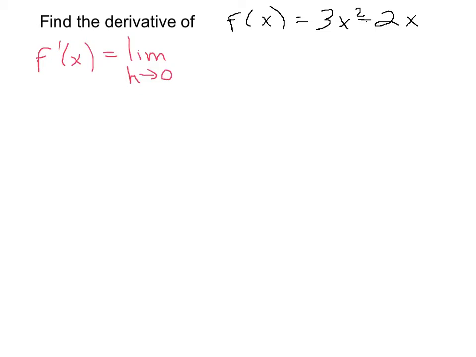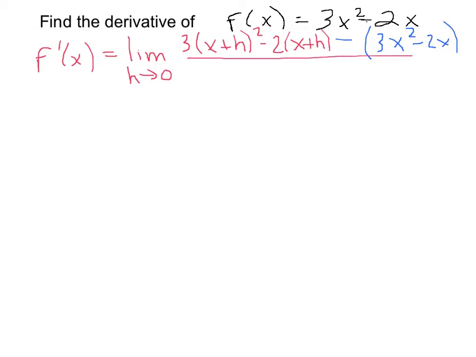Of f of x plus h, which would be 3 times x plus h squared minus 2 times x plus h. That's just the f of x plus h, okay? And then I'm going to subtract the f of x, the 3x squared minus 2x, okay? So all of that is just the f of x plus h minus f of x, all divided by h.